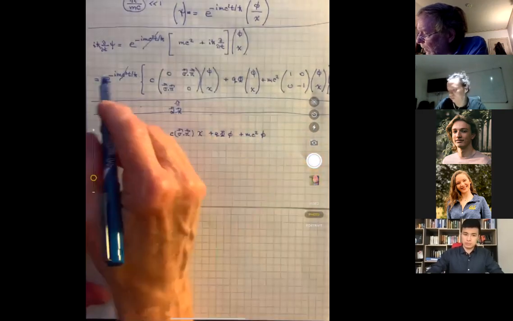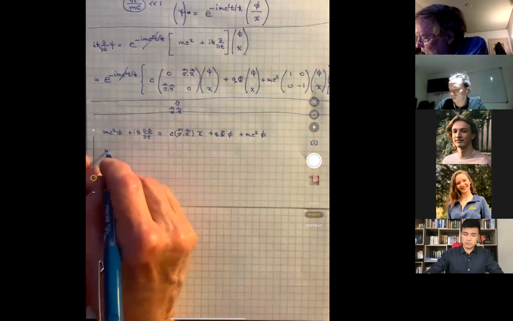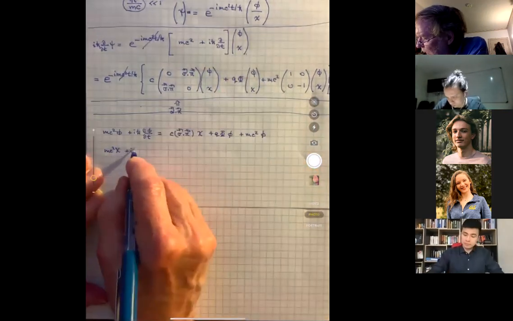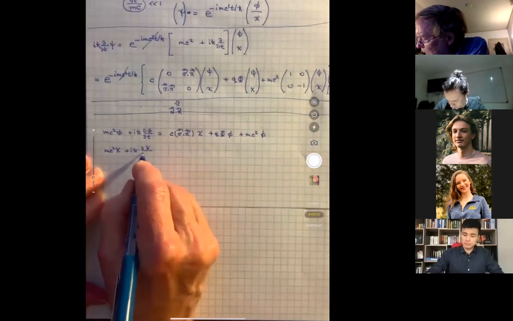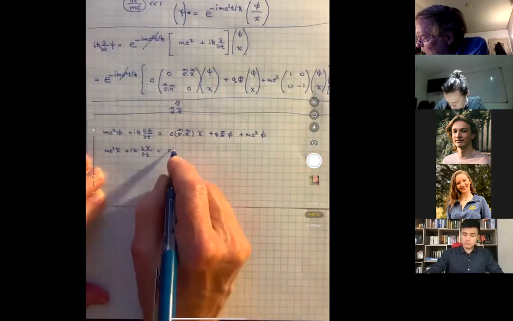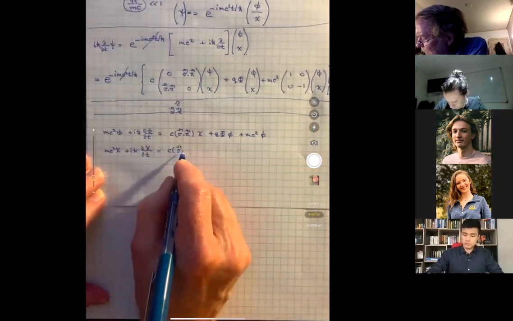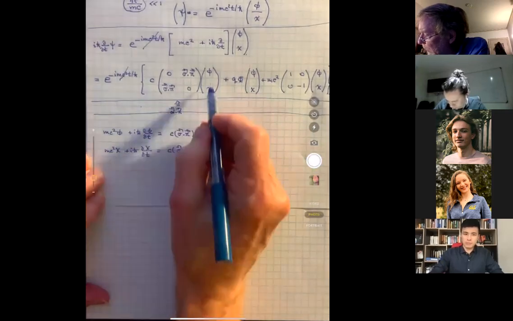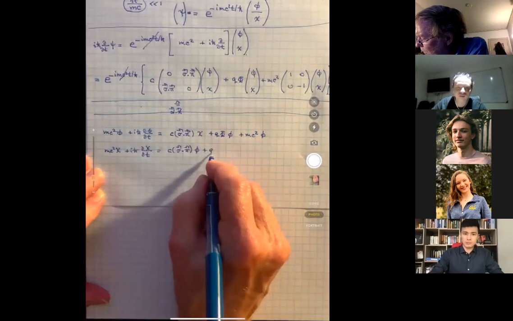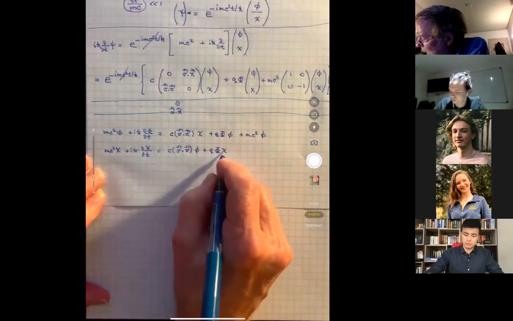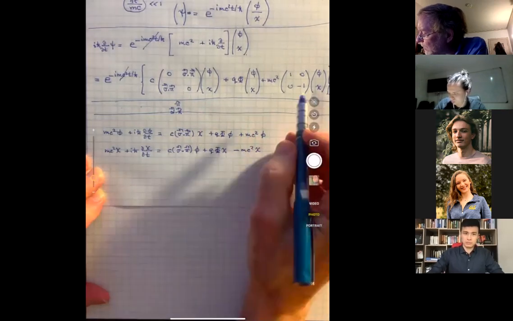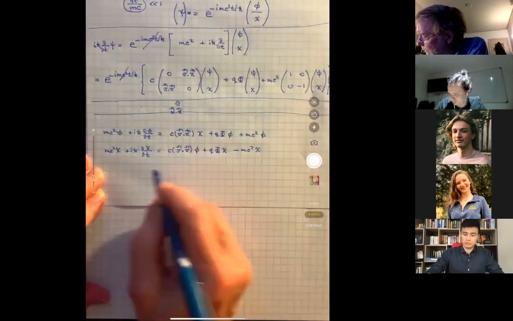For the lower component, I get mc² times χ from here, plus iħ ∂χ/∂t is equal to c σ·π multiplying onto φ, now taking the second row here, you see, plus qΦ times χ minus mc² times χ because of the minus sign in the β matrix over here.